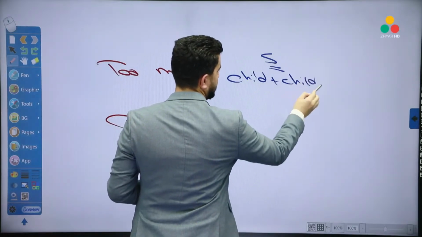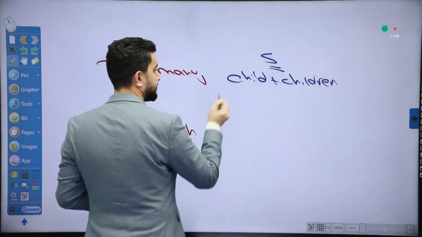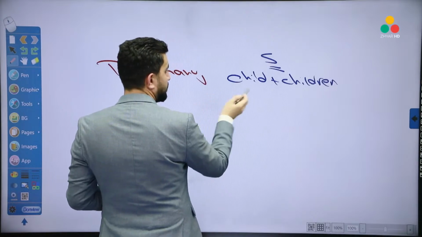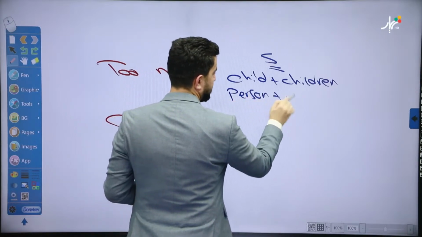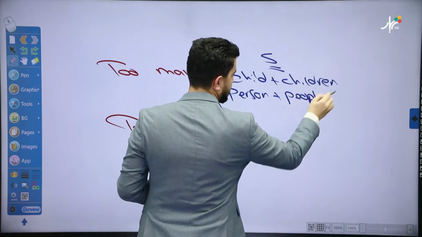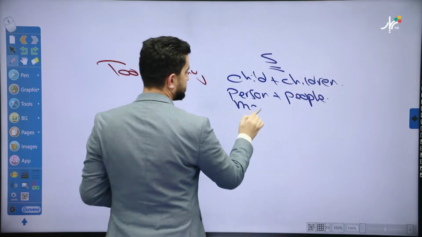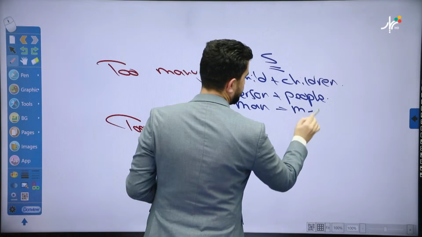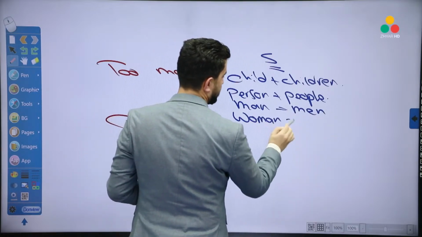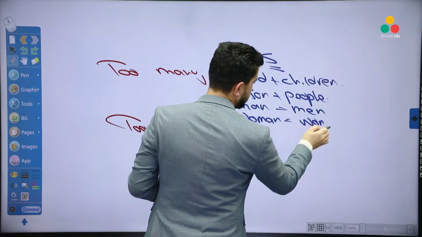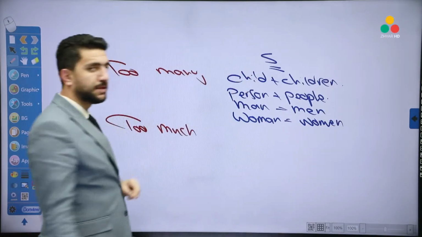Without S, we use too many. So we say too many children. Person becomes people, too many people. Okay? Man becomes men, too many men. Women becomes too many women, okay?